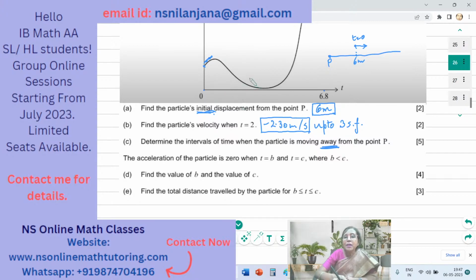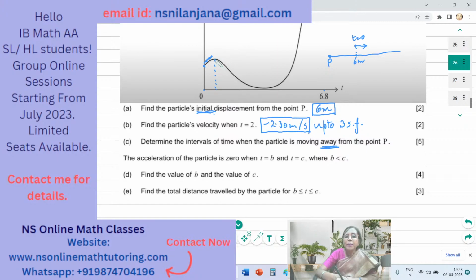How can the displacement value increase? When a particle moves away from the reference point. Okay? And in this case, the reference point is the point P. So up to this point, the particle is moving away from P.